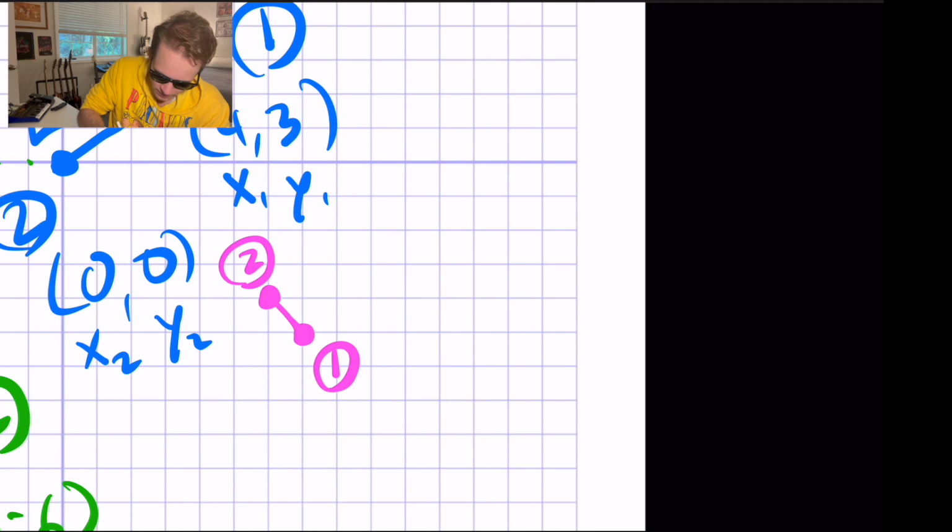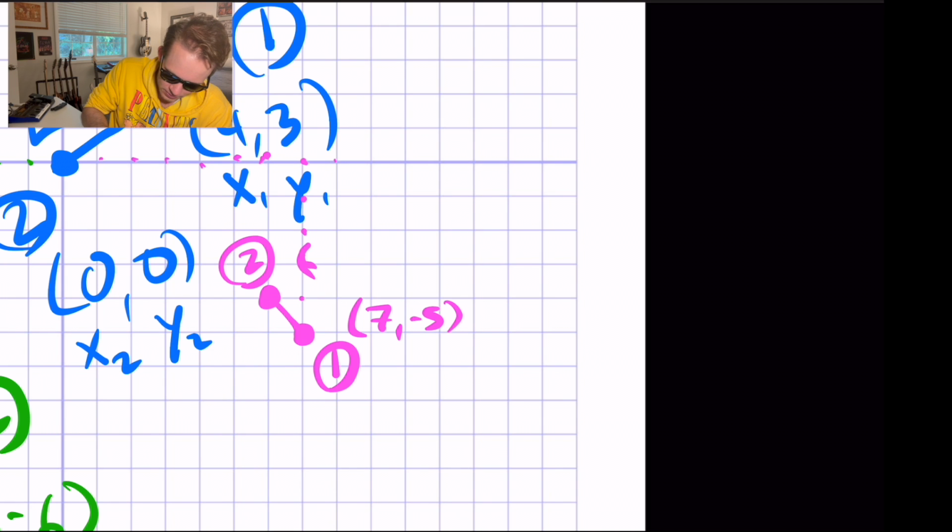All right, point number 1, its coordinate values are going to be, let's see, 1, 2, 3, 4, 5, 6, 7. So 7 for the x value, and then the y value is going to be 1, 2, 3, 4, and 5. So negative 5.